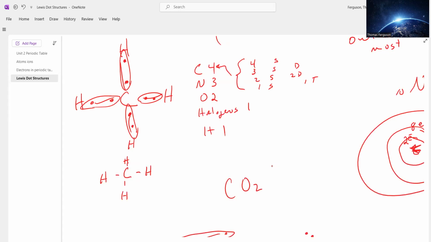So it's any combination where the sum is 4. Any combination for 3, any combination for 2. Halogens are always 1. Hydrogen's always 1. That's the only thing it can be. So these are always single bonds, so they always go on the outside because there's no other combination available. The more bonding possibilities, the more combinations, and that's why those atoms always go in the middle.